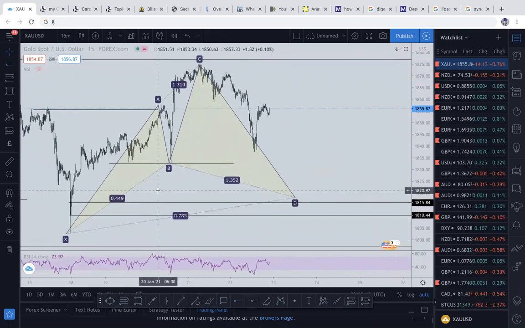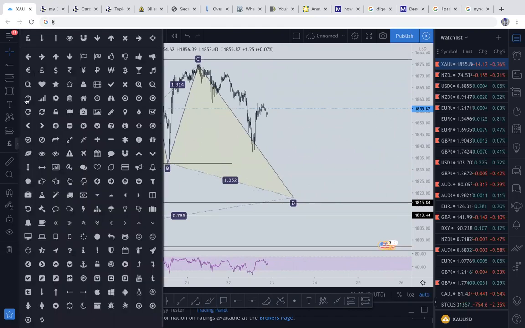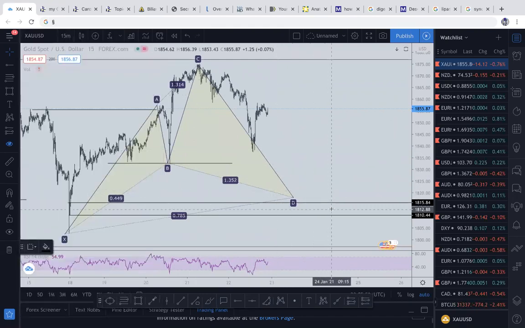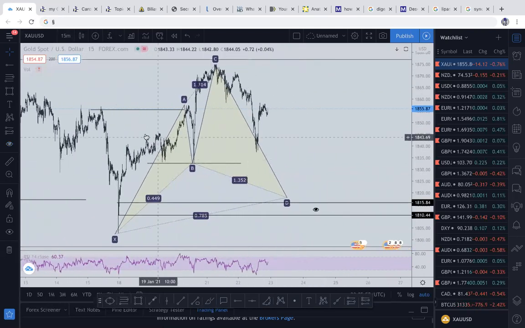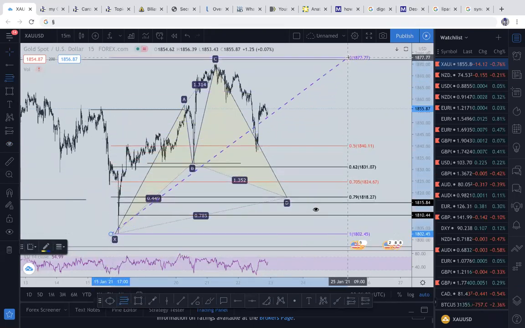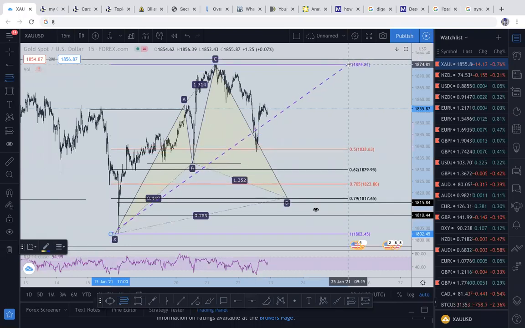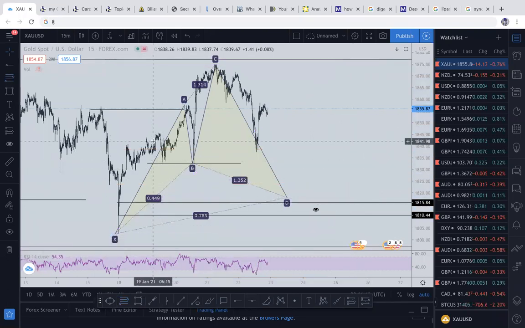That's the trade on gold right there. This is when you see me with an eye over here. Now let's pull the fib and see which area we're looking at. The 79% area, that is where we're looking at. That would be the closest area. We could have a deeper retracement.